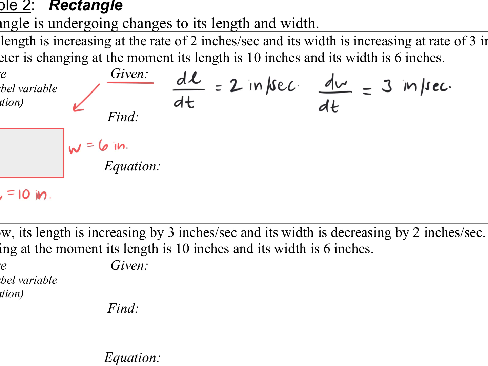So we're finding the perimeter. Who knows the formula for the perimeter of a rectangle? 2L plus 2W, right? So our formula is P equals 2L plus 2W. And we're finding the rate at which the perimeter is changing, so I'm finding dP/dt.